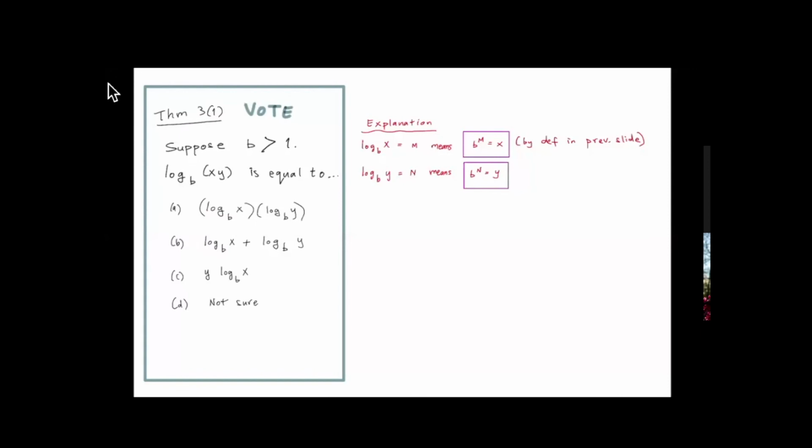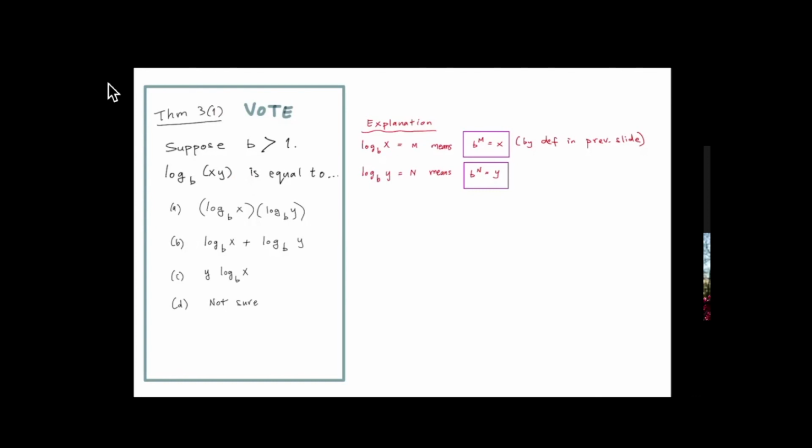Next, we want to know what log base b of x times y is equal to. You can either remember this or you can go through what I am about to do if you don't remember. First, it's hard to just go directly from here, but it's easier to work with exponential functions.